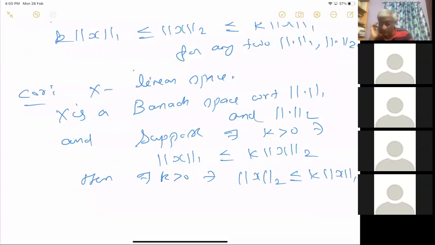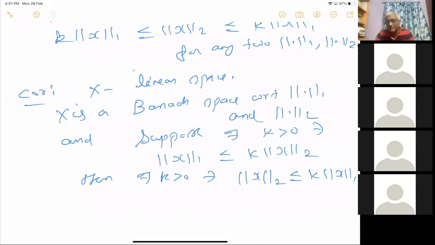It's not the case that one topology will be coarser than the other. Both topologies are the same. The norms may be different, but the topology given by both is the same. The norm determines the geometry of the Banach space. For example, in finite dimension we have the L1 norm, L infinity norm, L2 norm, Lp norm, anything, but the topology given by all the norms is the same.